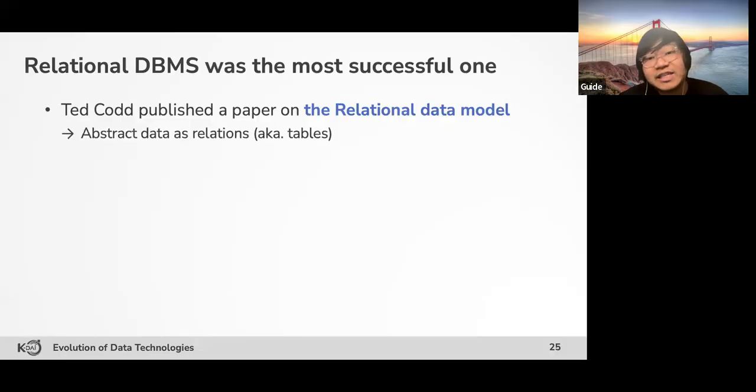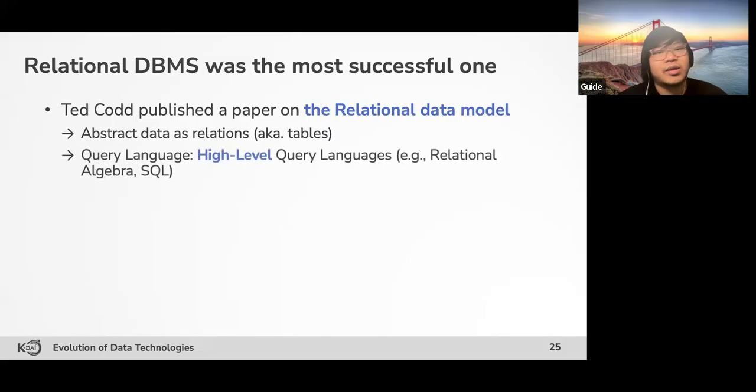The quick characteristics of the relational data model are that all the data are abstracted as relations or tables, and it contains a high-level query language like relational algebra or SQL. So instead of writing programs in programming languages, you only need to use SQL, that's it.